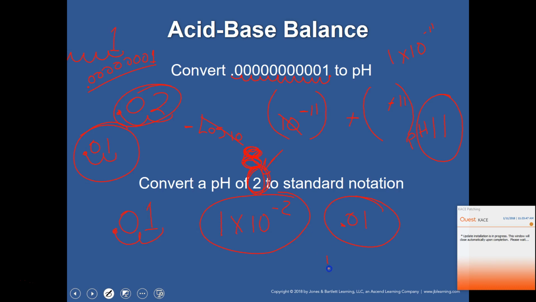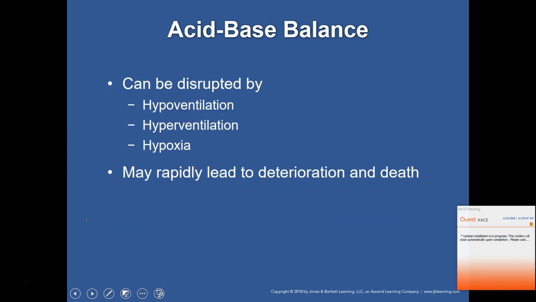Because a 1 with 6 zeros in front of it, if we counted these, 1, 2, 3, 4, 5, 6, 7, is a pH of 7, which is what? It is neutral. Okay? So play with these numbers, practice these formulas a little bit, try to get a little bit familiar with them so you guys have a little better understanding of that.